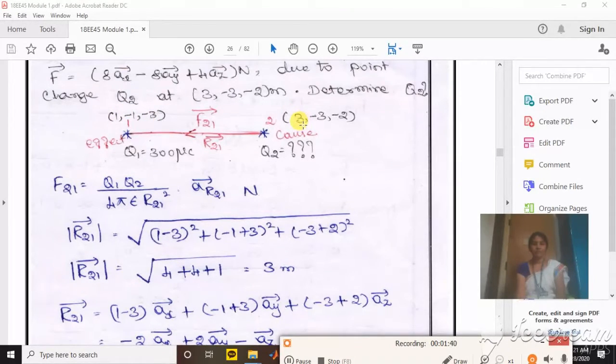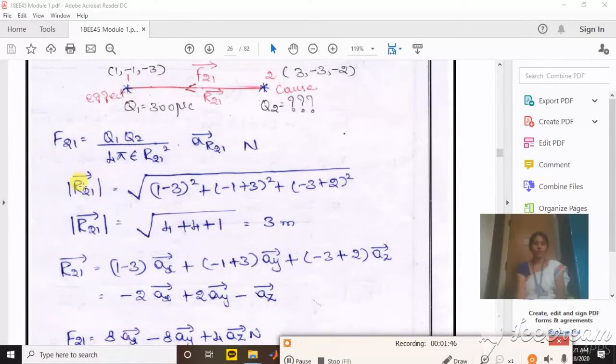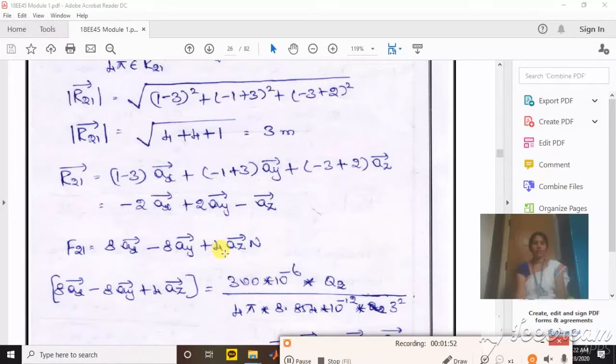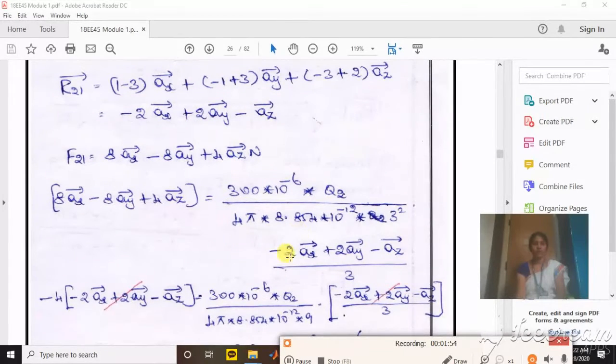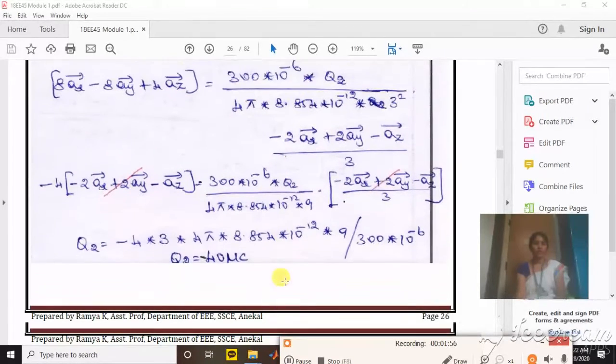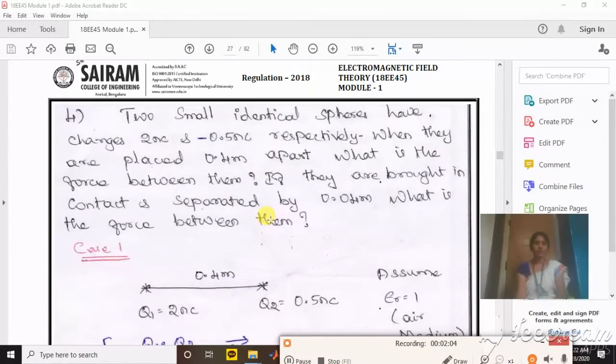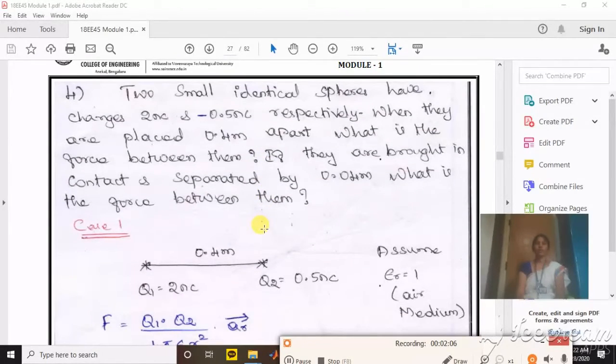R2 is 3AX vector minus 3AY vector minus 2AZ vector. So we can identify the magnitude of R21 and the vector of R21. After identifying, we need to substitute here to identify the value of Q2. So after solving we will get Q2 is equal to 40 microcoulomb.